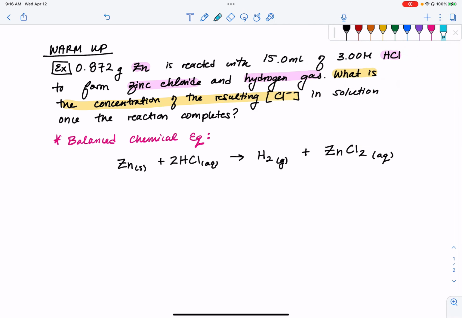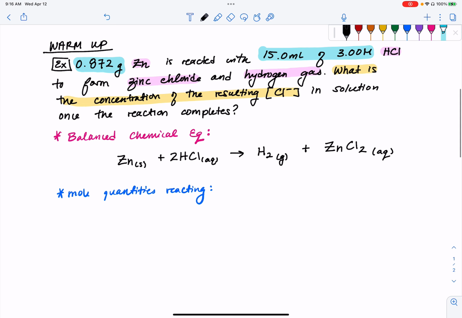Okay, now let's look in our pantry. Let's see what actual mole quantities we have available to react. So we know a mass of zinc, 0.872 grams, and we know a volume and a concentration of HCl.